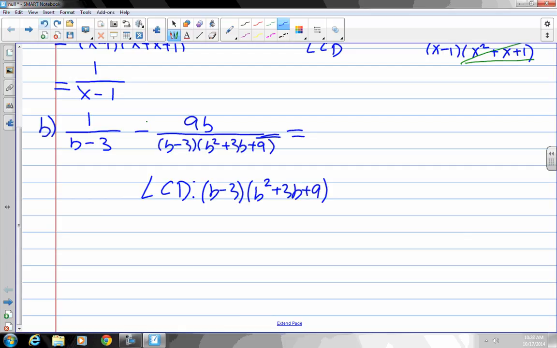So that tells me that the second fraction is all set. The first one is missing that trinomial. So I just have to multiply the first fraction by the missing trinomial. Now the second one stays the same, don't change that.